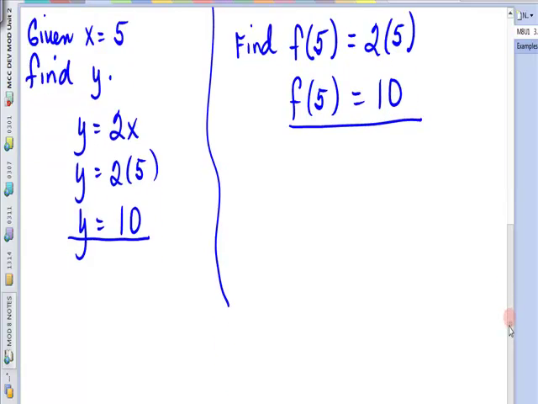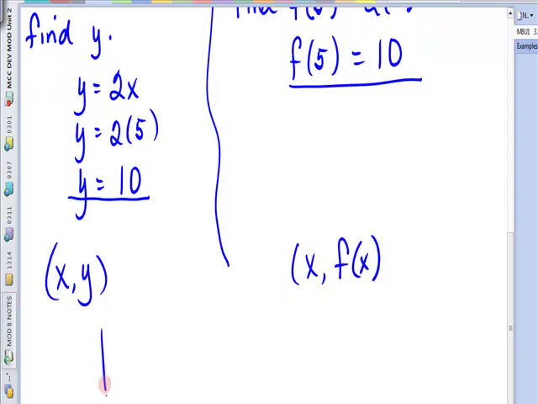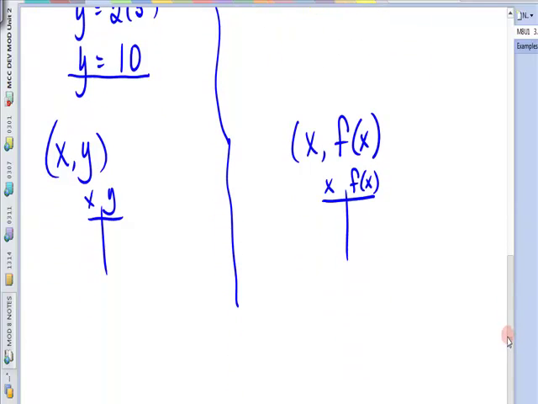So, in the old notation, you would have an ordered pair, x, y. In the new notation, you would have x, comma, f of x. In an old t-chart, you might have x, y. In a t-chart with function notation, you would have x, f of x. f of x is a new name for the y in the relationship.